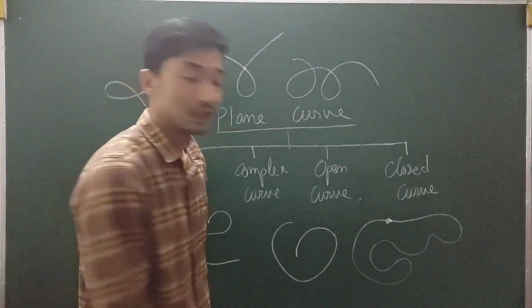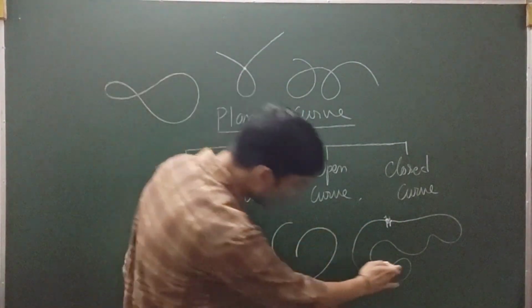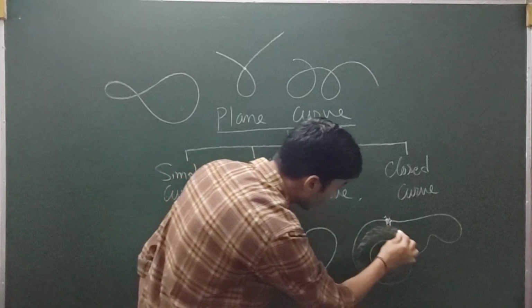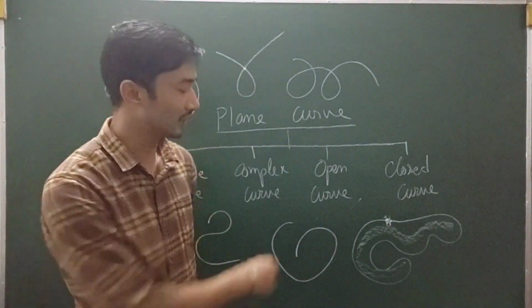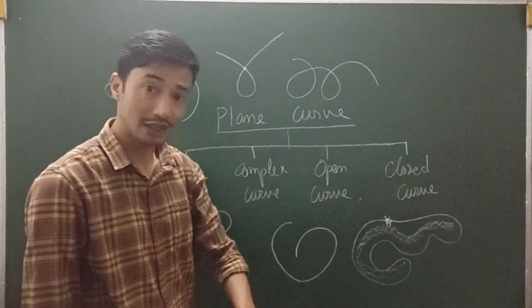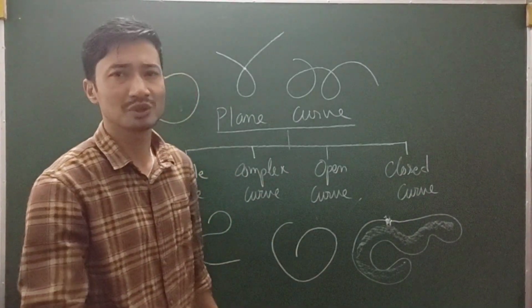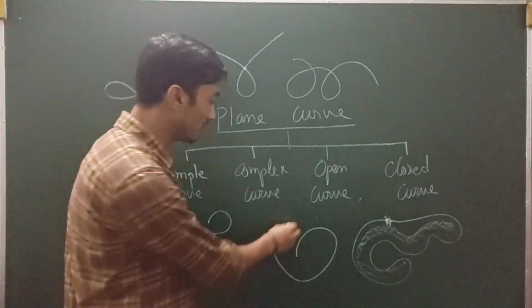So I started from here, I came back here, I joined. See, it is closed. No opening, gate closed, you cannot enter anymore. Those kinds of curves are known as closed curves. Open curves mean the gate is always open, you can enter anytime, no problem.